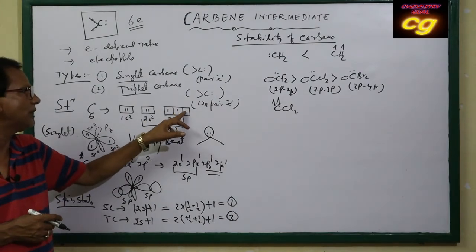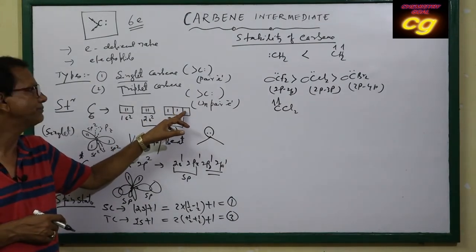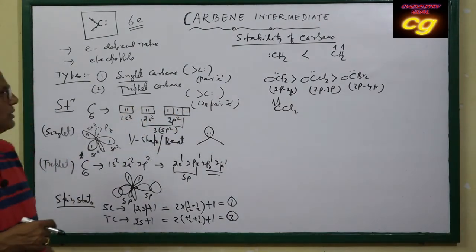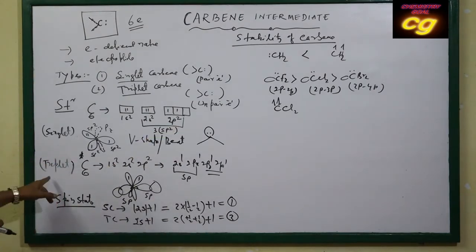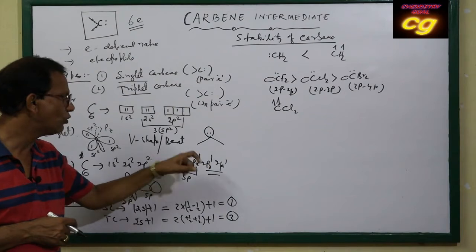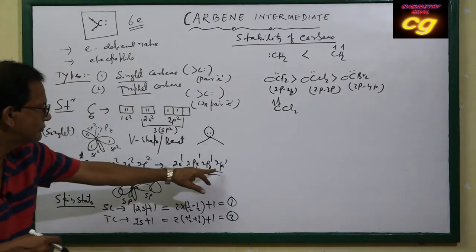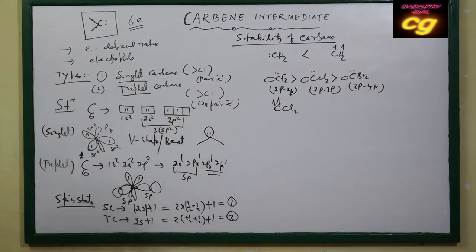So this vacant orbital can form back bonding. In triplet carbene there are no vacant orbitals.